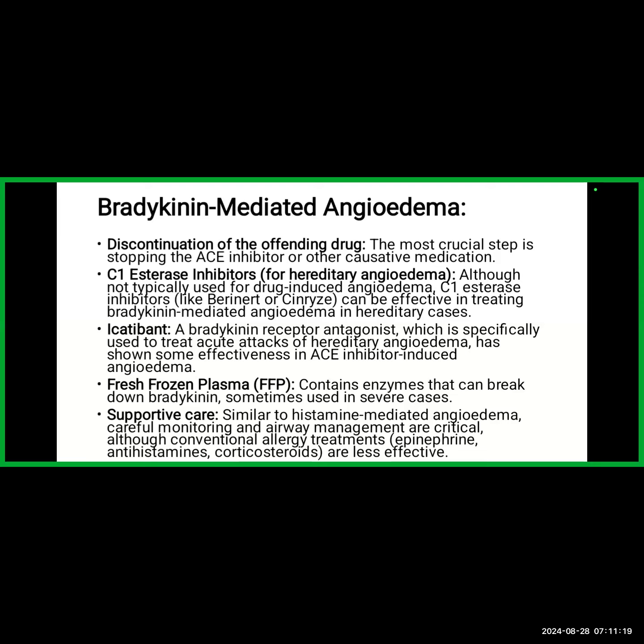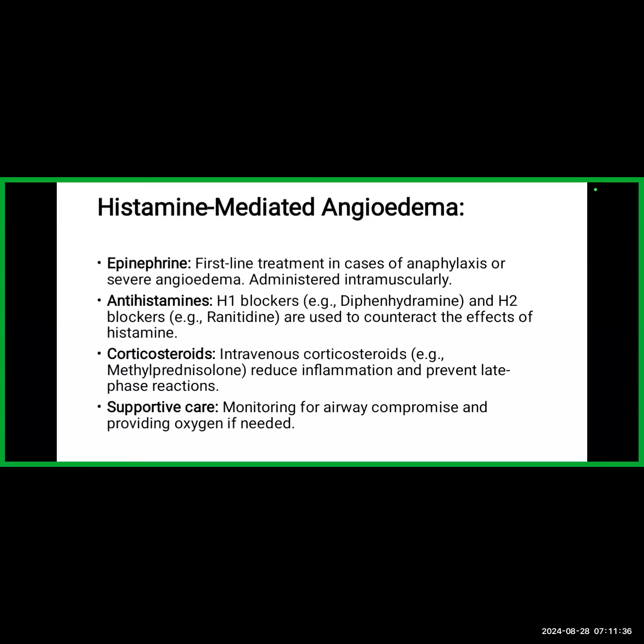It contains enzymes that break down bradykinin, and then supportive care you can still treat as you treat histamine-mediated angioedema. Next slide, please. For histamine-mediated angioedema, you'll use your epinephrine, your antihistamine, your corticosteroids, and your supportive care in management.